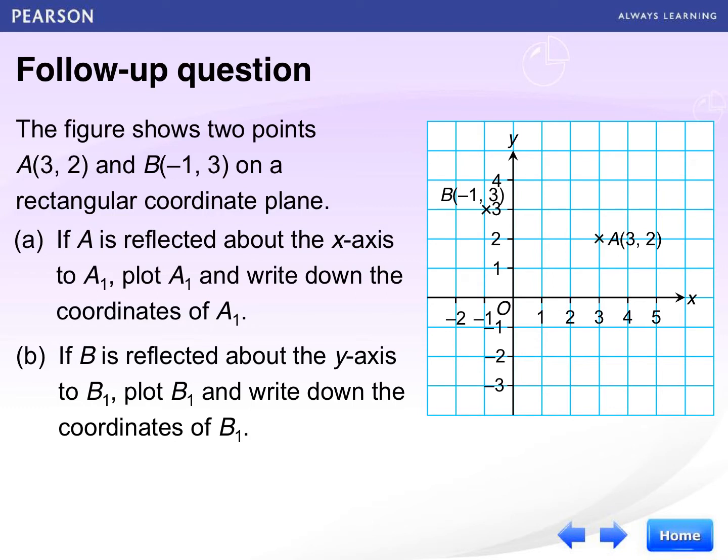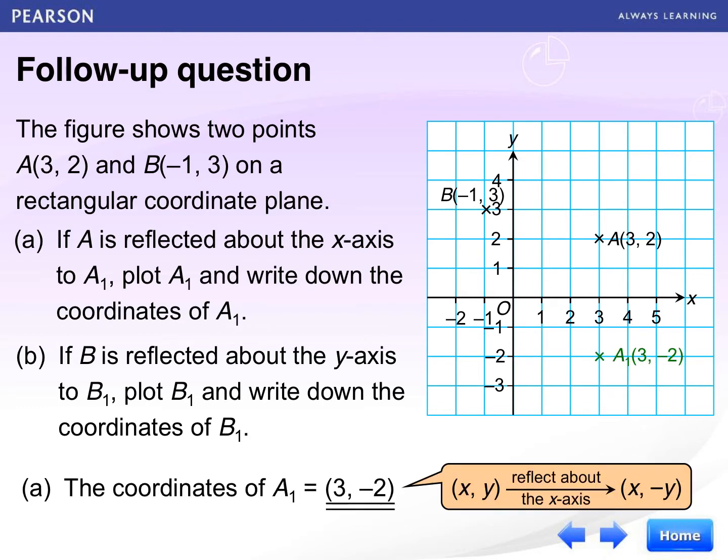A is 2 units above the x-axis. A1 is 2 units below the x-axis. We can then plot the point A1 on the coordinate plane. The coordinates of A1 are 3 and -2.